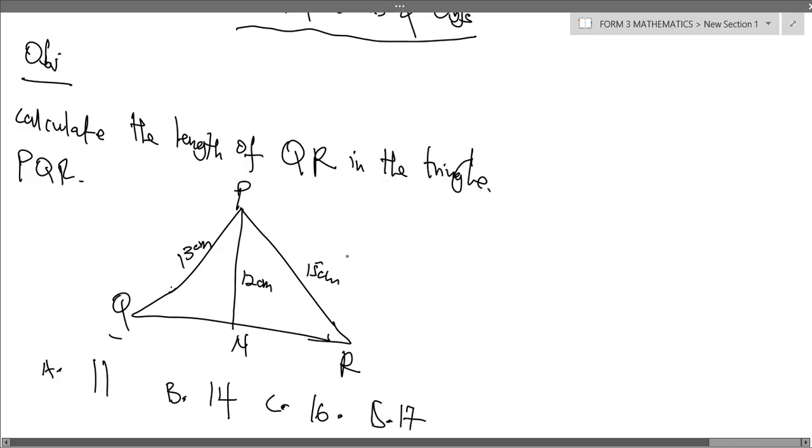We have the triple 5, 12, 13. You should know that this particular side is 5 centimeters. Then the other one, you've seen 12, you've seen 15. If you really know your triples, what do you think will be next?